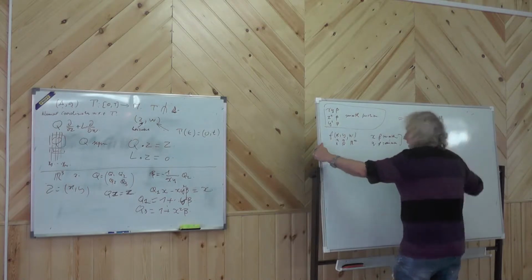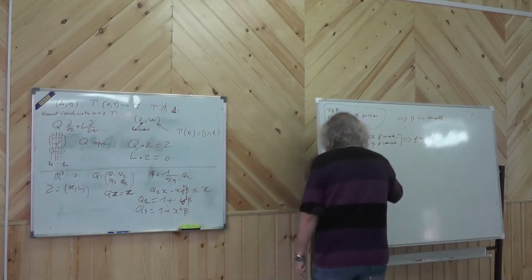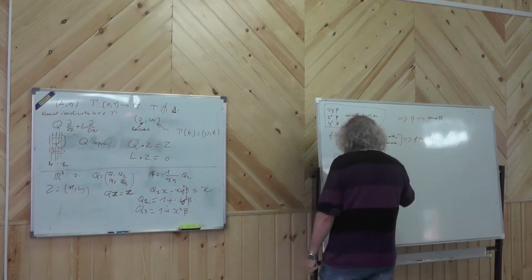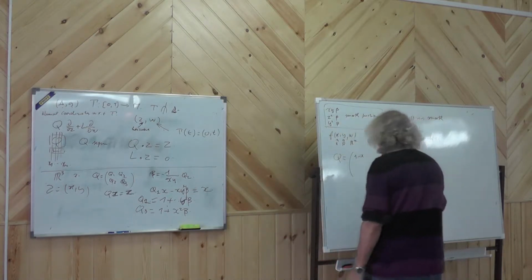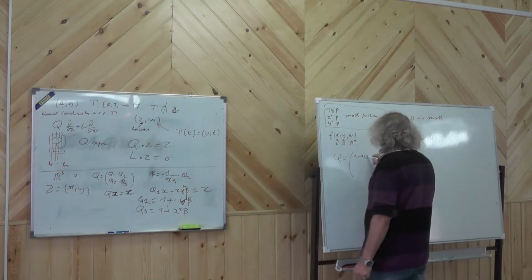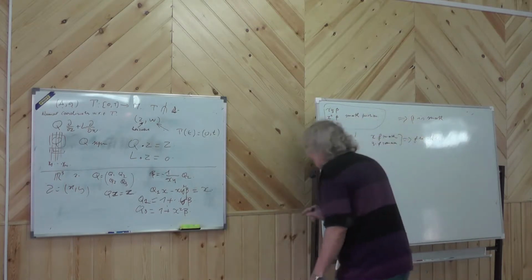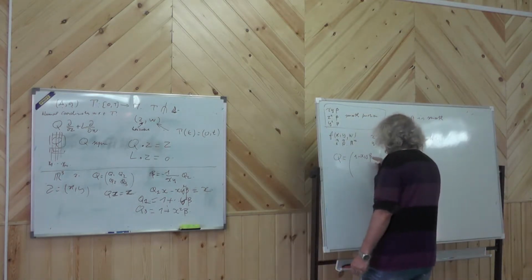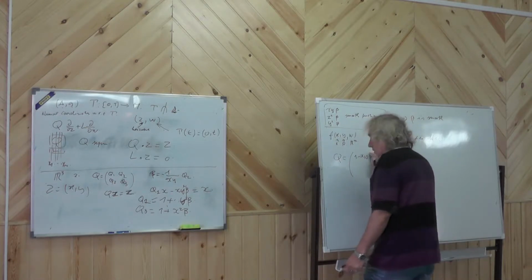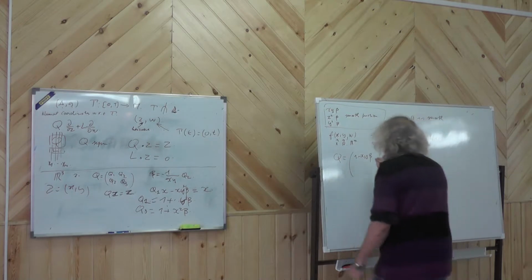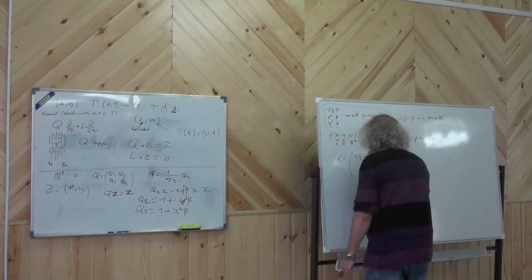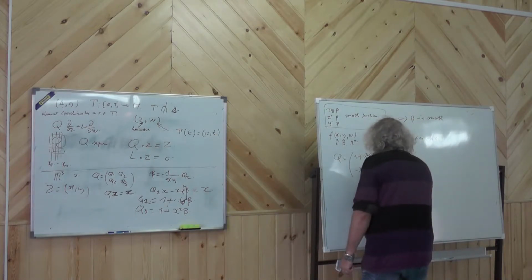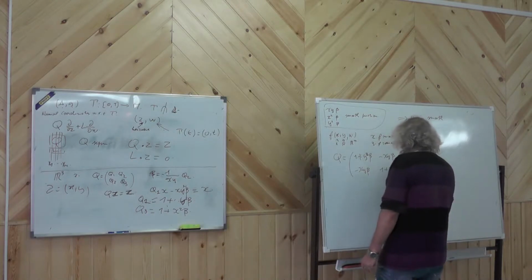Okay. So it means that the matrix Q has the following form. Q is 1 plus y squared beta, minus xy beta, minus xy beta, and 1 plus x squared beta.